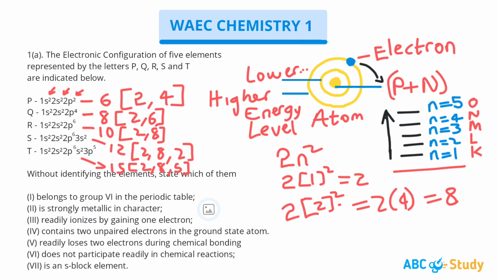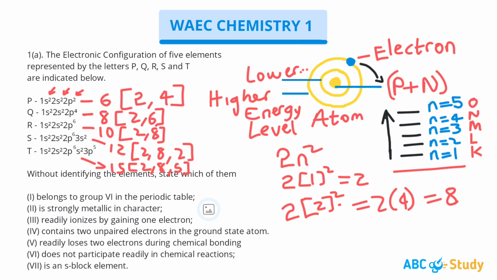Group 2 would have 2 electrons. Group 3 would have 3 electrons outside. Group 4 will have 4 electrons outside. Group 5 will have 5, until you get to group 7, which has 7, and you get to group 0, which has 8. So without identifying the elements, state which of them belongs to group 6 in the periodic table.